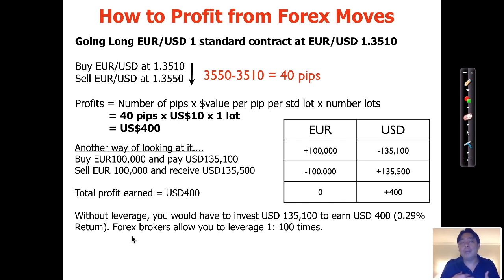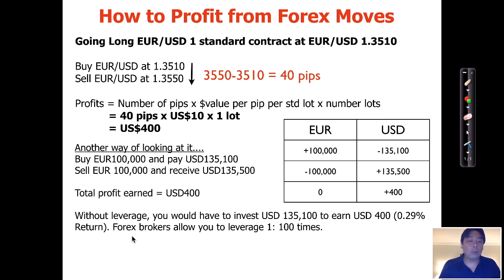For us, we're going to be day traders. We're going to buy and sell on the same day. So to make it worth our while, to have a good return, we need to use leverage. In other words, we don't want to put down 100,000 euros to make a lousy $400. We want to put in a small deposit to buy the 100,000 euros so that the profit over our deposit is a good return.